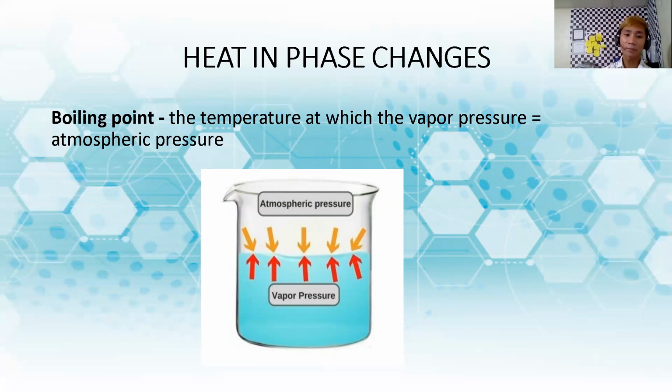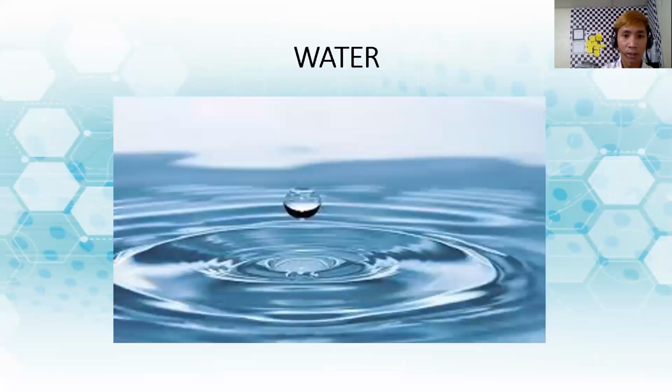Alright, so let's now talk about water. Earlier, I said water is the best example for the earlier diagram on how matter changes from solid to liquid and then liquid to gas. Water is made up of hydrogen and oxygen.